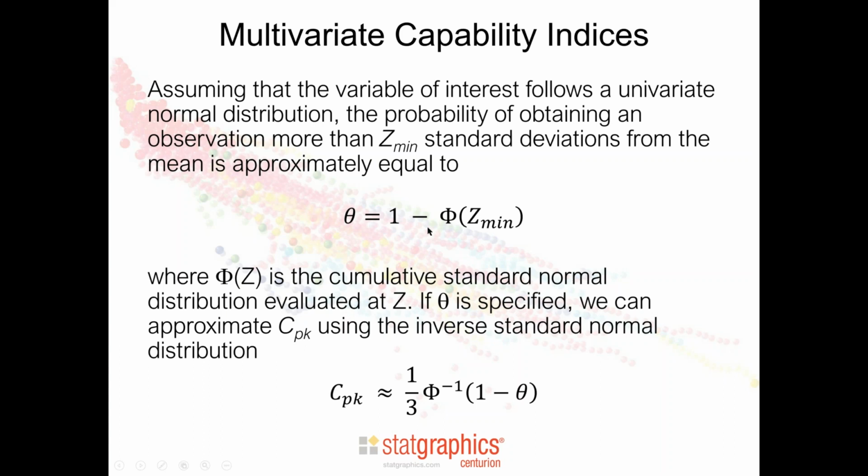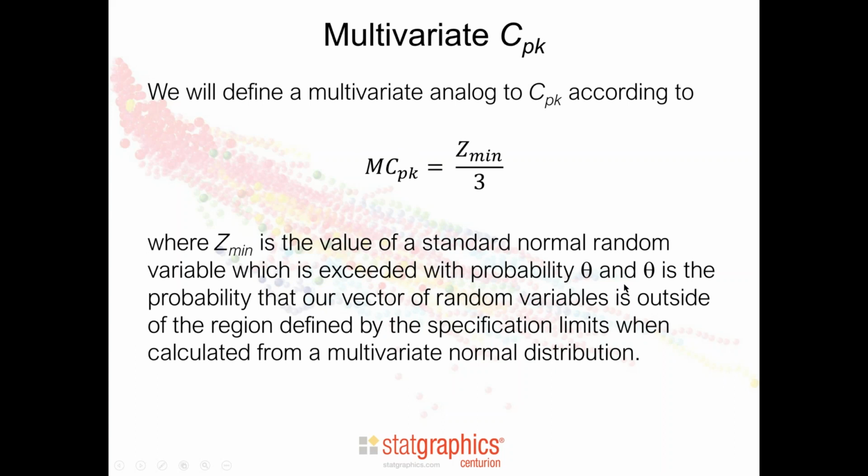So if we know Z-min, we can calculate theta, and if we know theta, we can calculate CPK. Now, how are we going to use this? Well, I'm going to use this to define something I call a multivariate CPK.